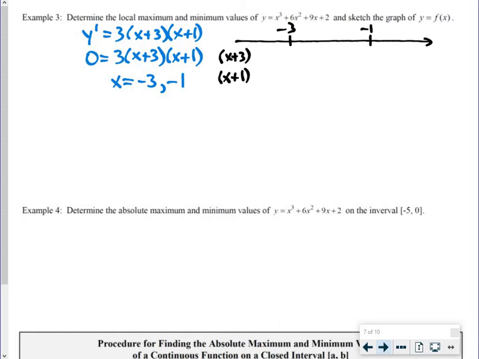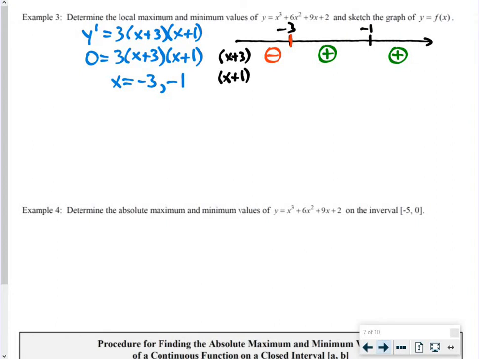For x plus 3, to the left of -3, that term's going to be negative. In between -3 and -1, that term is going to be positive. And for any x greater than -1, that term will be positive still.